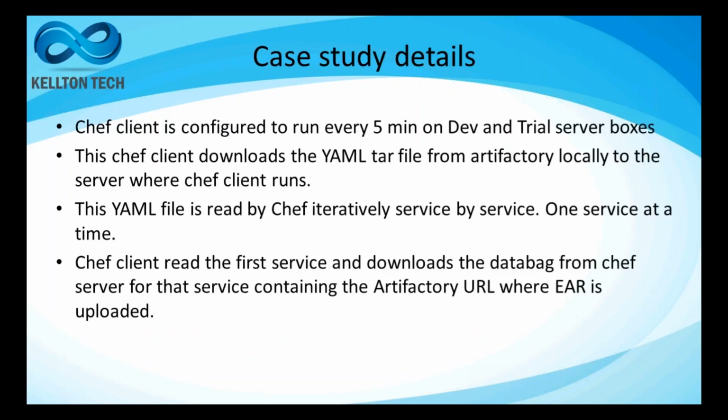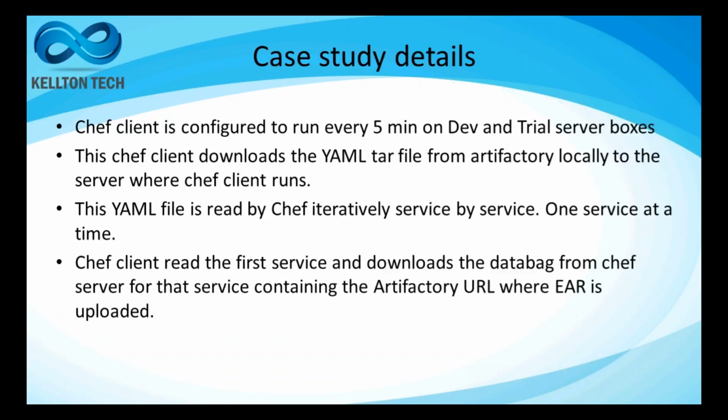First, the Chef client will check for any differences between the existing data bag on the client node side and the data bags on the Chef server side. If anything is different, it will get the latest information from the data bag and put it on the Chef client side.